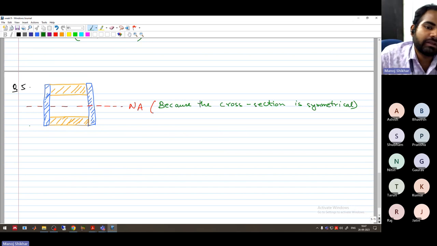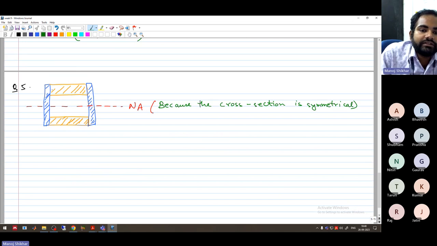In the last case also the cross section was symmetric, but the material distribution was not symmetric. At the upper point it was only aluminum, and at the lower point it was only steel. Here the cross section is symmetrical with respect to material also.